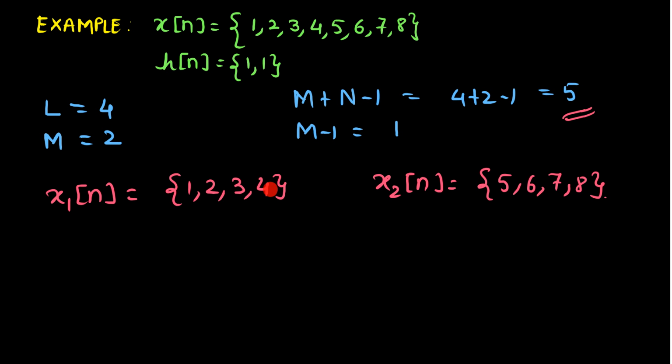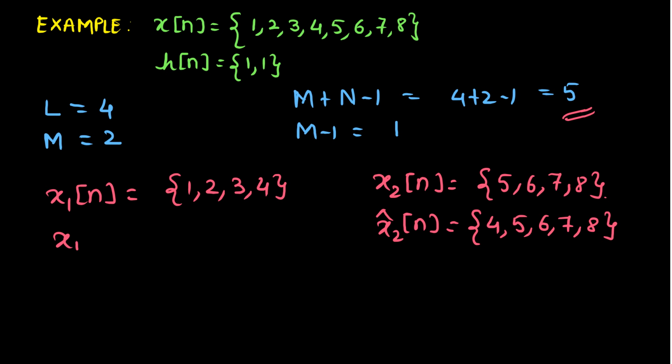So we are going to consider this 4, the last 1 point of this x1 of n, and append it at the beginning of this x2 of n. So x2 hat of n is given as 4, 5, 6, 7, 8, and x1 hat of n would be given as 0, 1, 2, 3, 4.